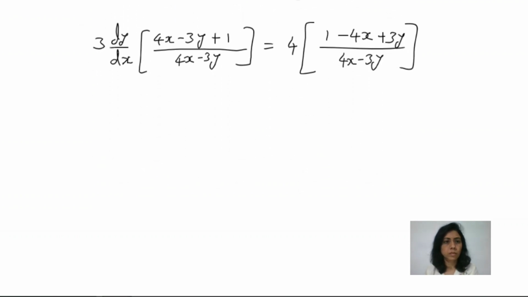We want to find dy upon dx, so we can divide both sides by 3 and this bracket portion.